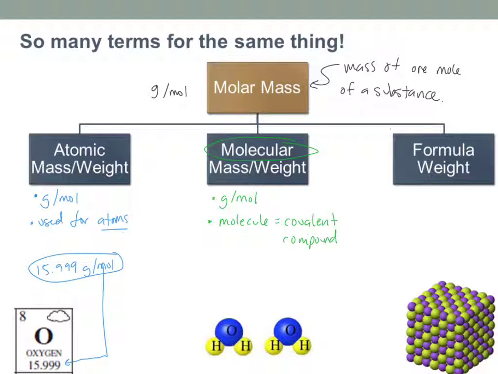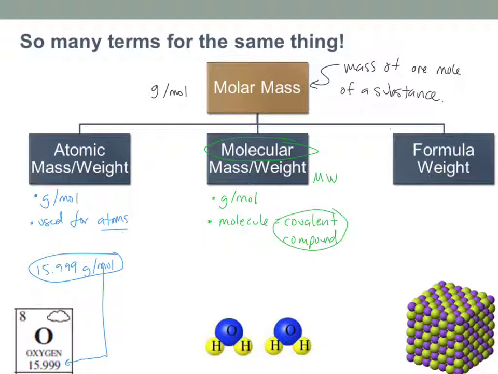So molecular mass or molecular weight, sometimes abbreviated MW, refers to covalent compounds specifically. You would not talk about the molecular weight of an atom, because that's not a covalent compound. You would not talk about the molecular weight of an ionic compound, because ionic compounds are not molecules.